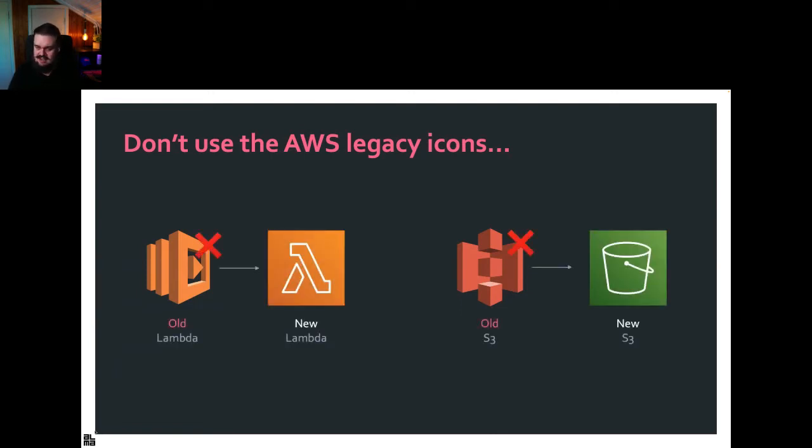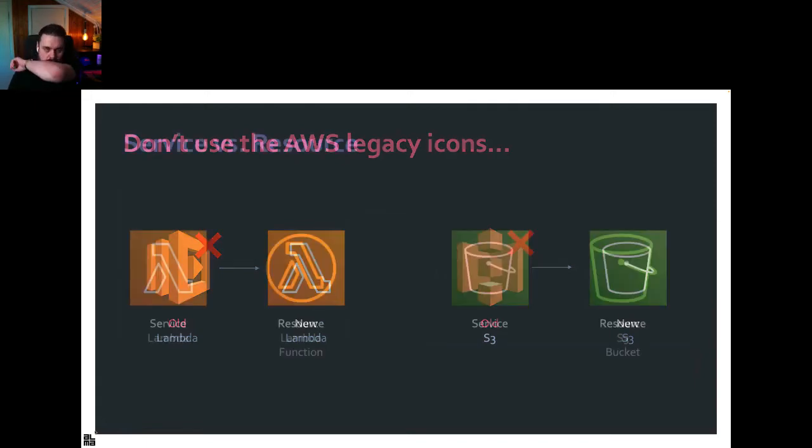But the newer ones are much more clear. For example, the Lambda service has the Lambda symbol. S3 has a bucket symbol, because in S3 you use buckets, etc. So definitely use the newer. And it's annoying that you often see people mixing these old ones and new ones, and you don't really know what is what. Always use the newer ones.